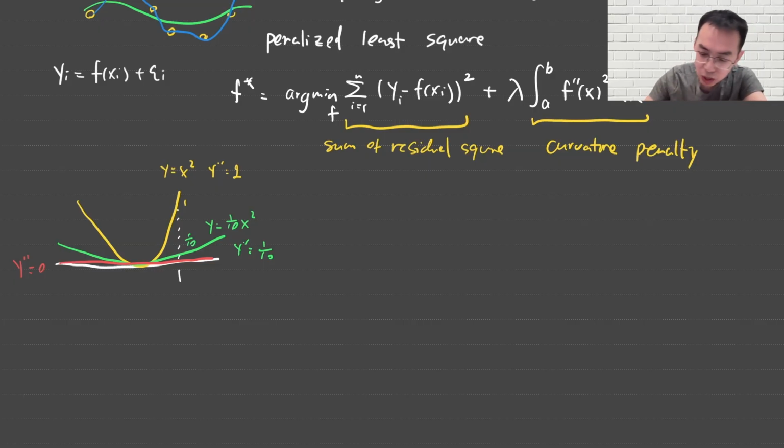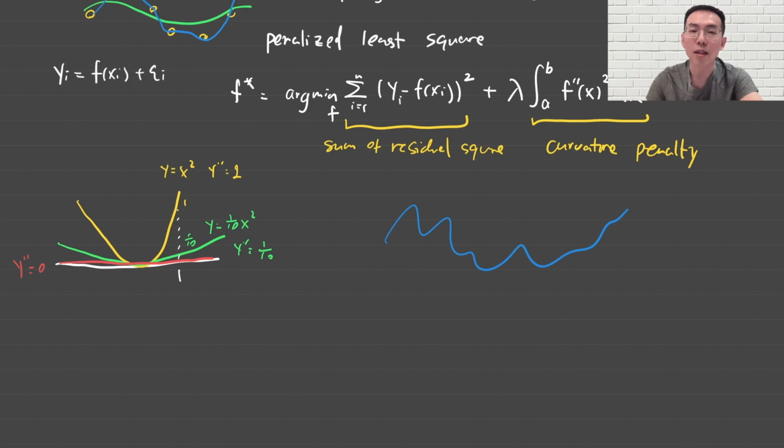When you have a random curve like this, you can think of this integral here as an approximation of a bunch of quadratic functions.